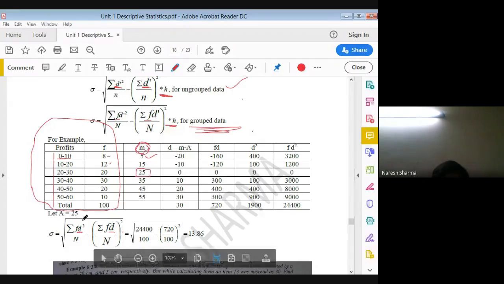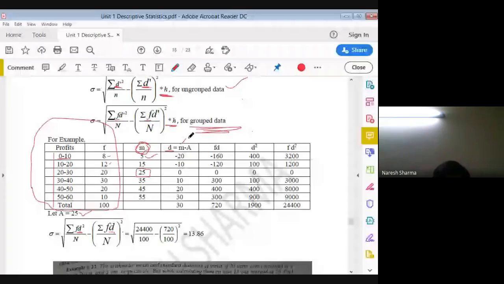So if it is assumed mean, we require to calculate d. So d is midpoint minus assumed mean. The assumed mean we chose is 25 here. So 5 minus 25 is 20 with minus sign. 15 minus 25 is minus 10. 25 minus 25 is 0. 35 minus 25 is 10. 45 minus 25 is 20.